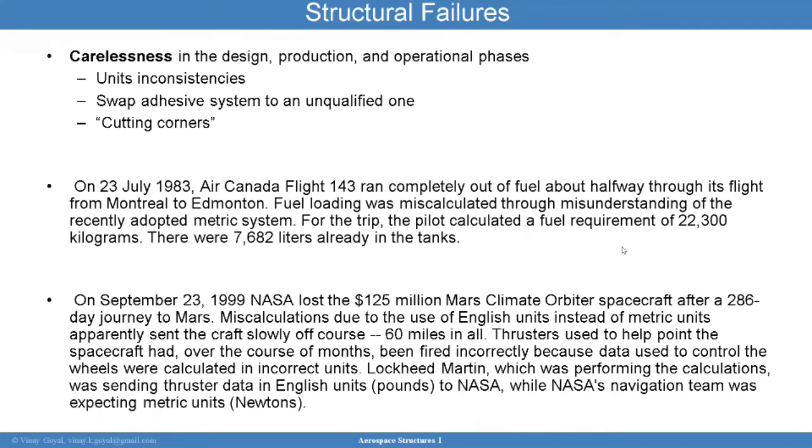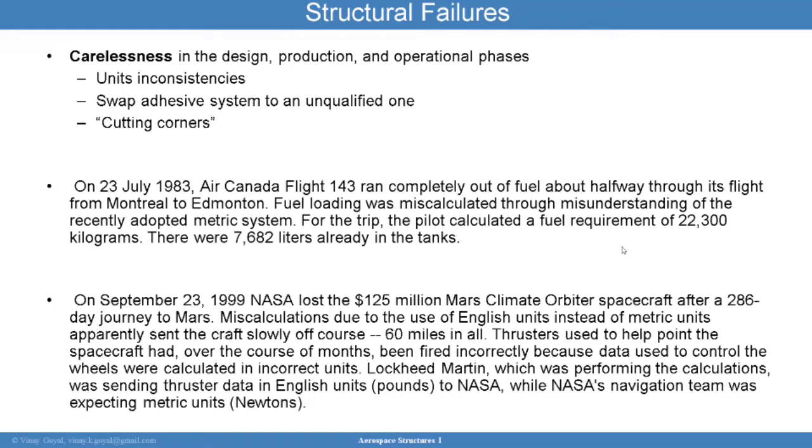It's just one example showing that we're humans. There's nothing wrong with being human, but it's important that you understand that in the design of spacecraft, launch vehicles, and aircraft, paying attention to details can save a lot of people's lives.